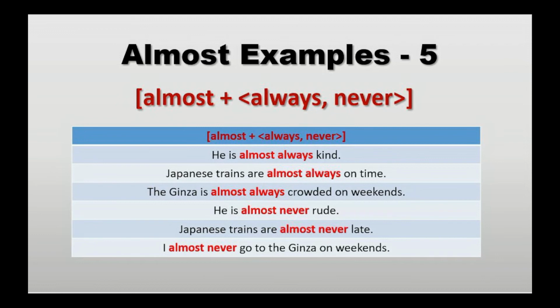The sentence that we just did actually has two pauses, so let me read it slowly one more time. The Ginza is almost always crowded on weekends. So, more quickly, the Ginza is almost always crowded on weekends.